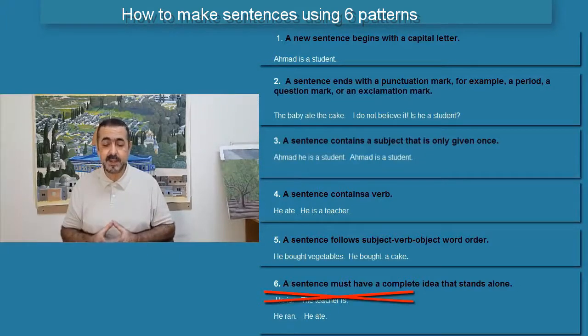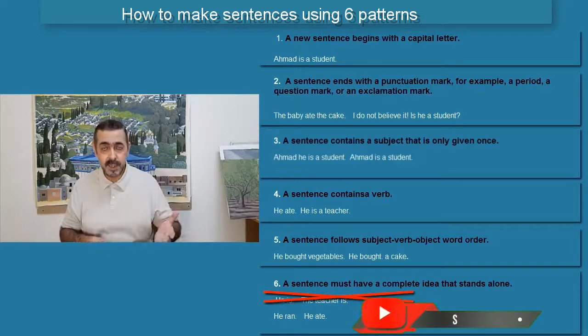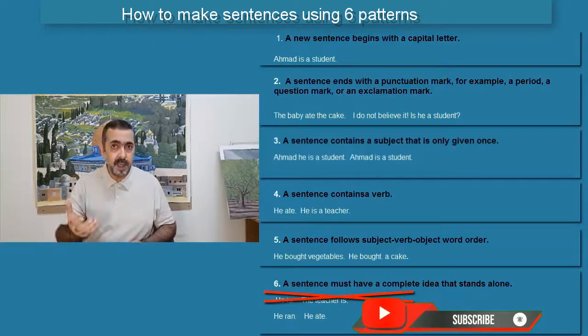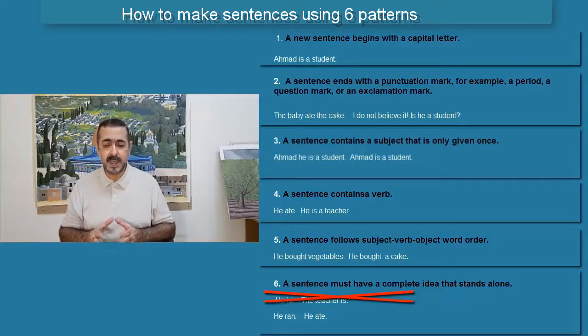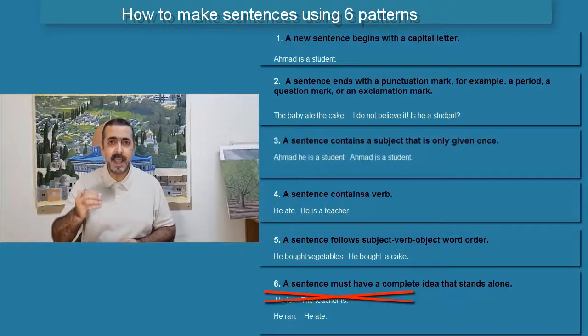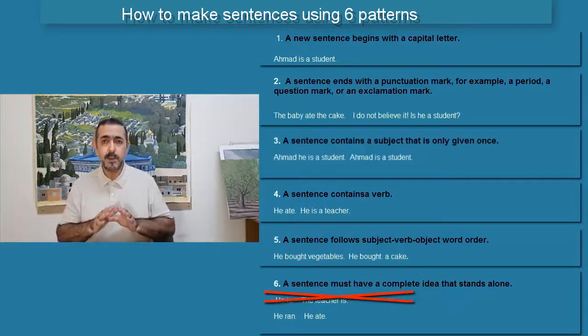Although it contains a subject, it contains a verb, it starts with a capital letter, and ends with a full stop, these are not sentences because they do not have a complete thought. We do not understand anything from this statement.